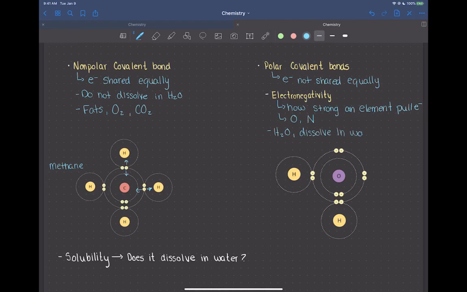So if we think about sugar, glucose, even your table sugar dissolves in water. It's definitely polar. Many carbohydrates, all carbohydrates are polar. There's a lot of proteins that are polar that we're going to talk about. All right, so those things dissolve in water.